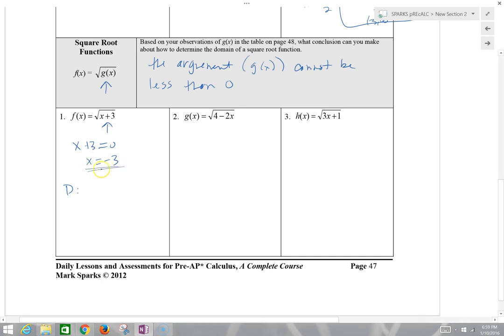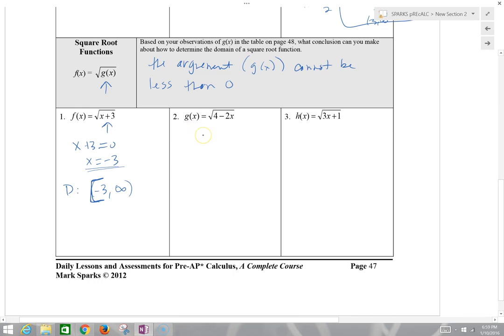Oh, negative 3, that would be y. If we put a negative 4, it's going to be negative. So we don't want anything less than negative 3. So we're going to have negative 3 and bigger. Oh, and we can include negative 3 because 0 is okay under a square root, just not negative.